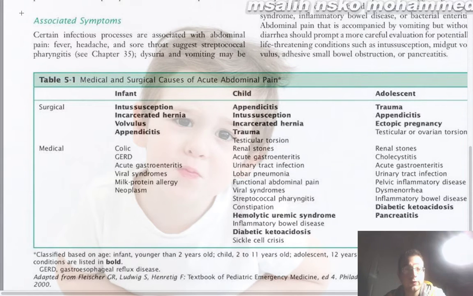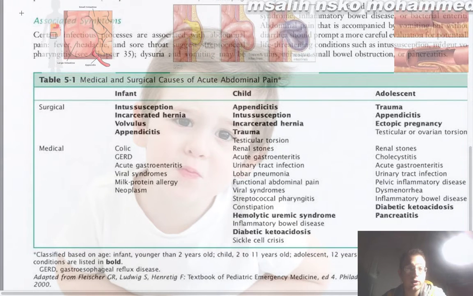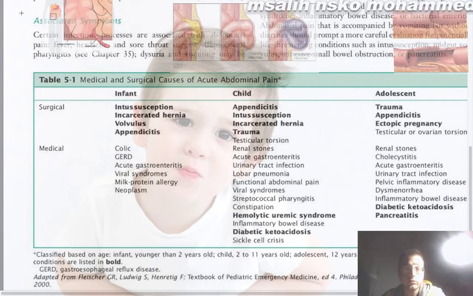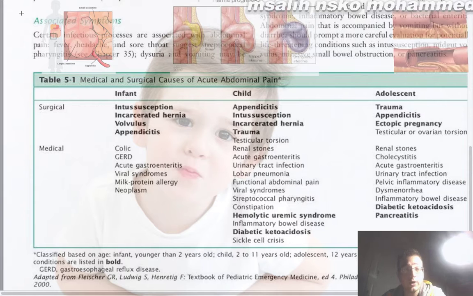So we have two kinds of pains, which we divide according to medical skills. So we have surgical and medical, I mean the clinical ones.